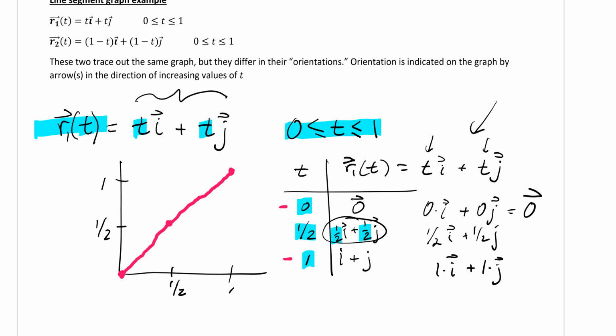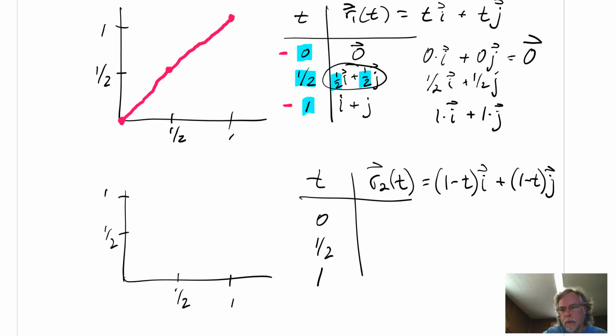Let's go ahead and do the other one. So here we have R2. R2 of t is equal to 1 minus t times i plus 1 minus t times j. And same little table here, same t values to plug in and calculate the output. So here we have t equal to 0.